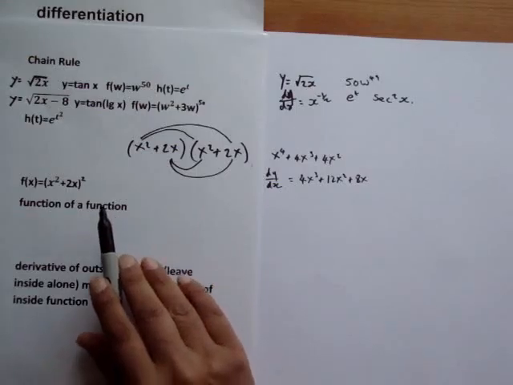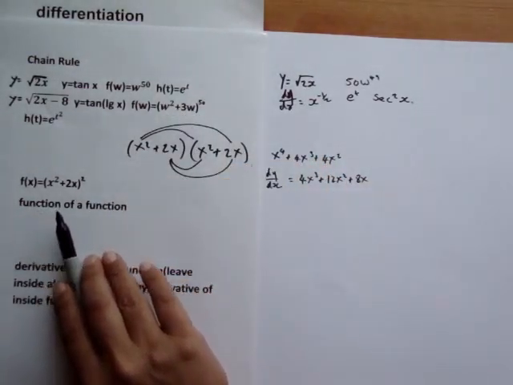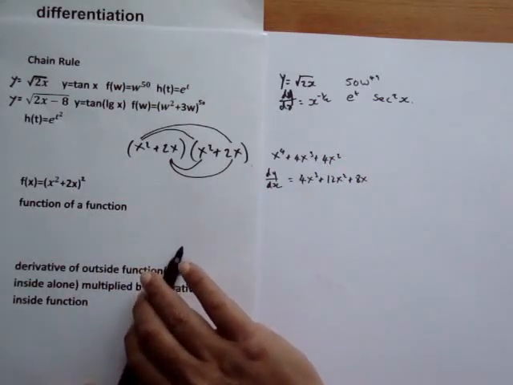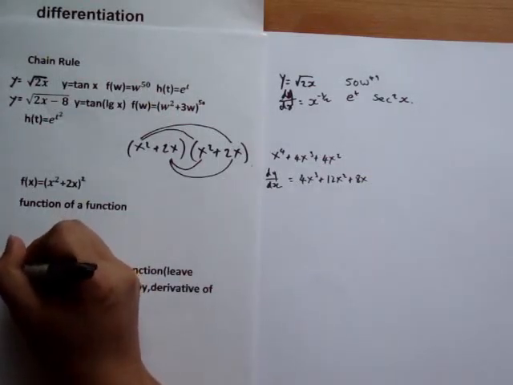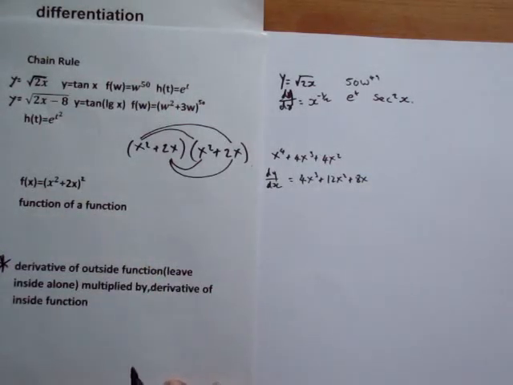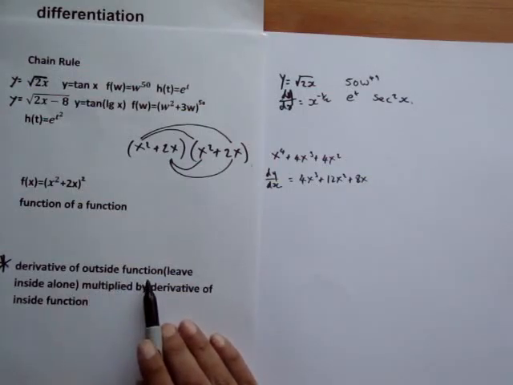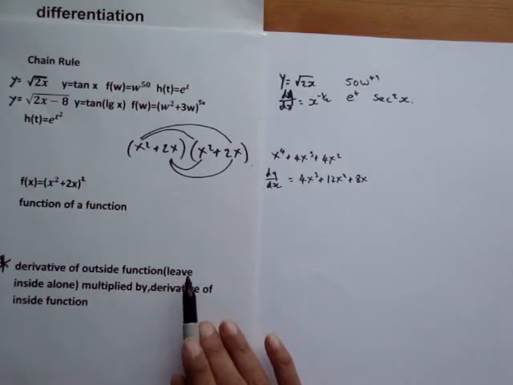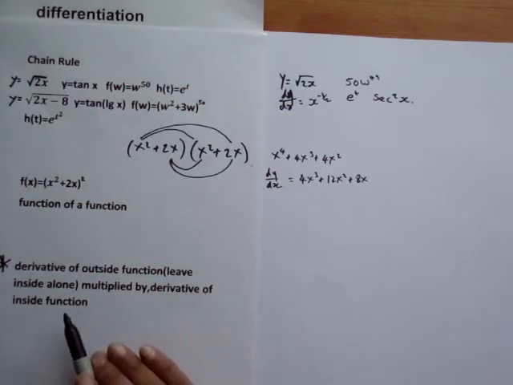And this rule for this nest of functions, or as sometimes called the function of a function, if we put it into words, the rule is this: the derivative of the outside function, then we leave the inside alone, multiplied by the derivative of the inside function.